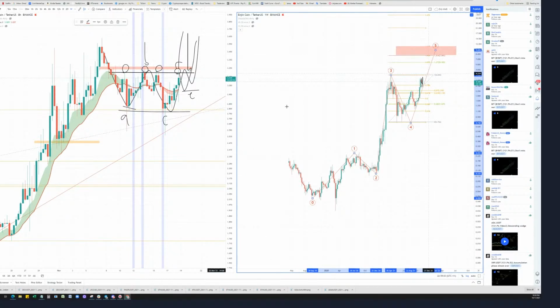Just doing the basics. If we do a fib extension, let's see what that does. That gives us something. Not playing ball.